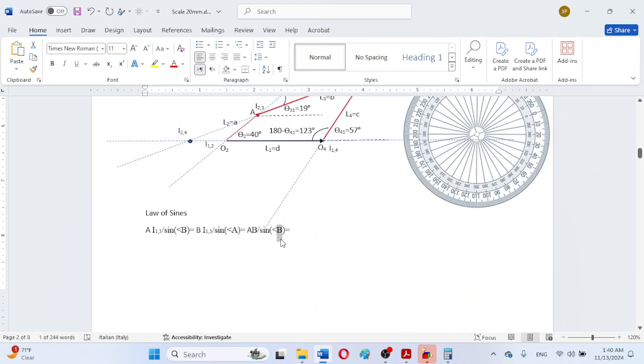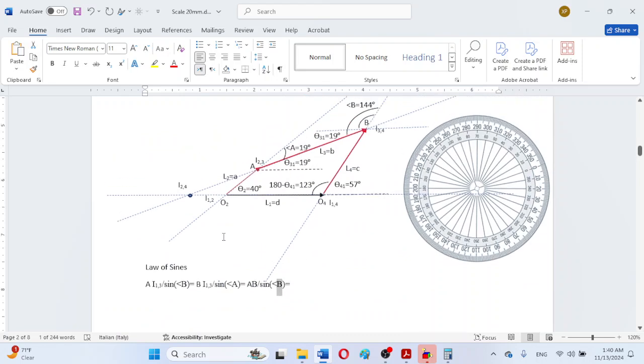So just type it here, I1,3. In this way the law of sines will be applied.